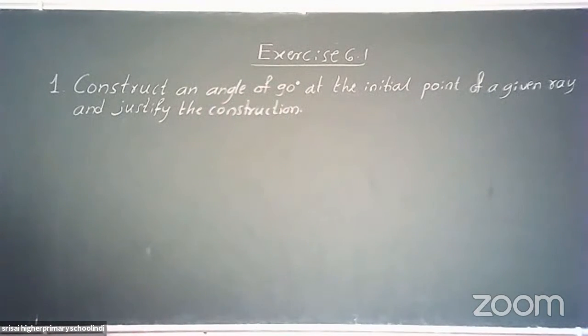Justify means how this method works. How do you get a 90-degree angle? You should explain it.